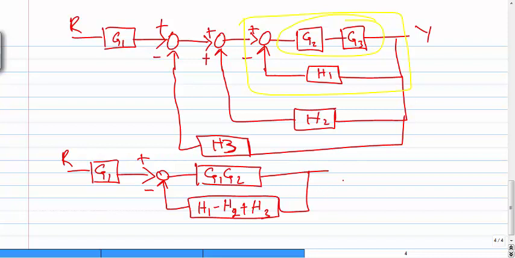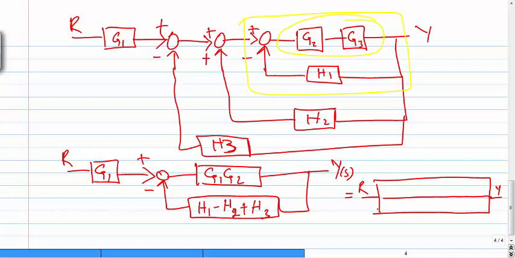Now this will make our life very easy, and we just write the transfer function. This block is equivalent to this one. If I go in this direction, I have G1, G2, sorry, G2 and G3.